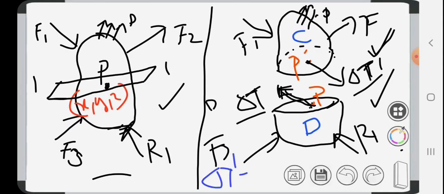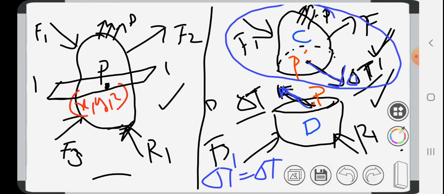Delta T dash should be equal to delta T but opposite in direction, right? You can see here delta T in this direction, delta T dash in this direction. This delta T dash makes portion C in equilibrium, and this delta T makes portion D in equilibrium. So delta T and delta T dash are the internal forces at the point P, right?